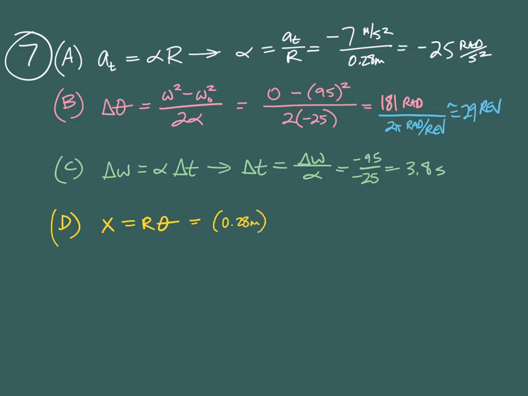Theta was 181 radians. And this gets me to 50.7 meters, or 51 yards, 150 feet, give or take. All right? Half a football field. That makes sense at a speed like this.